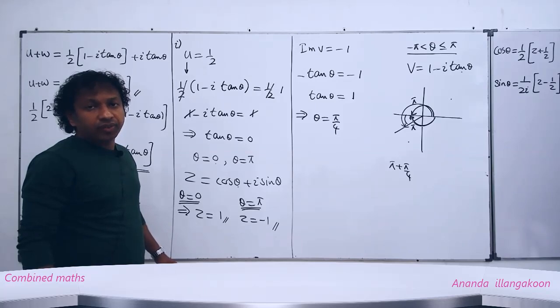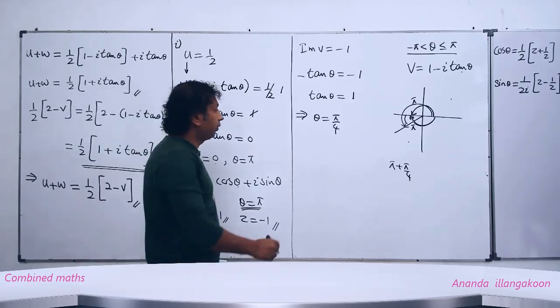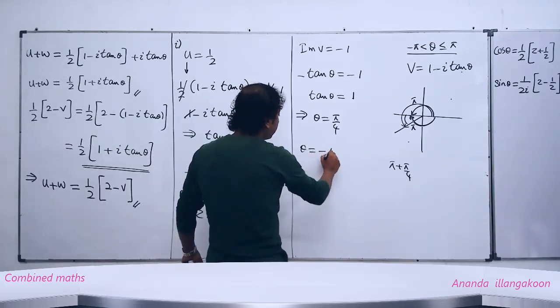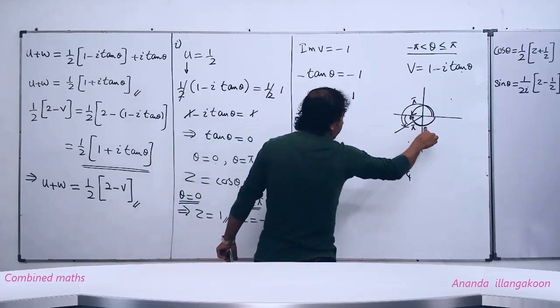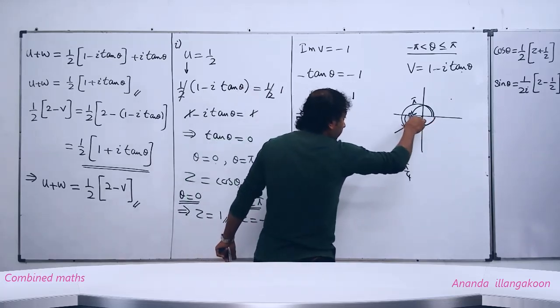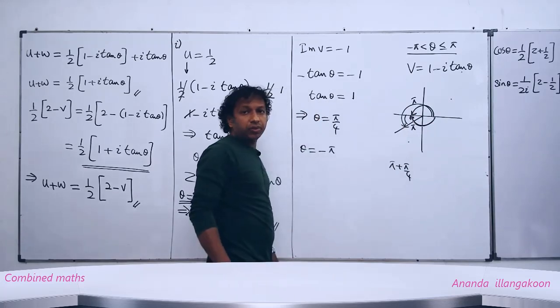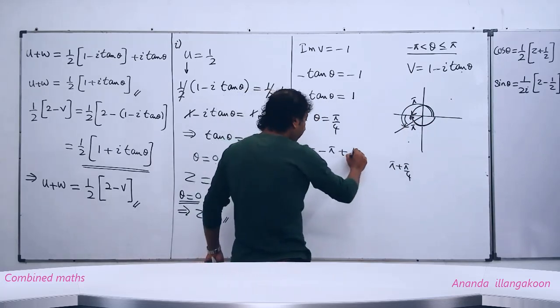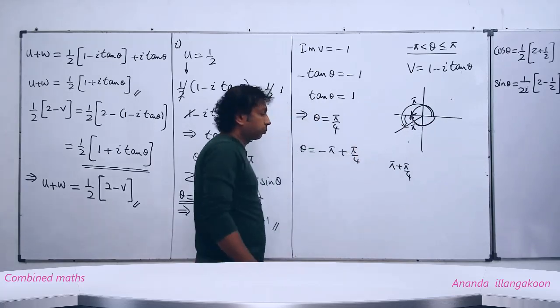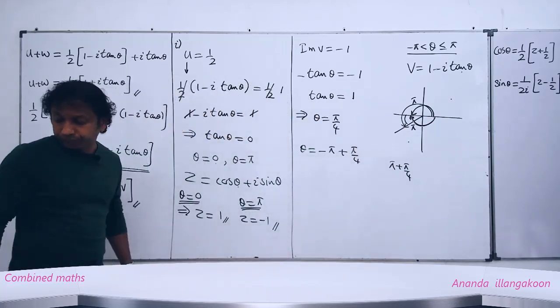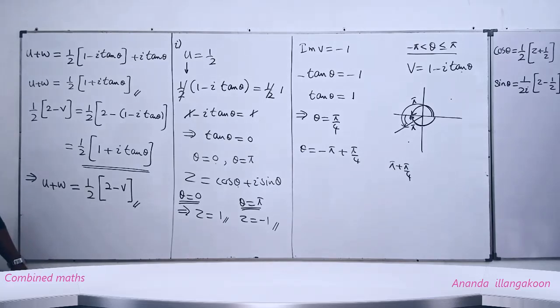Right? Then what is the angle? Theta, minus pi, when we come to this position, we have to stop. What, people? pi by 4 before, that means plus pi by 4. Okay. Correct, no? They are the two angles theta can take.